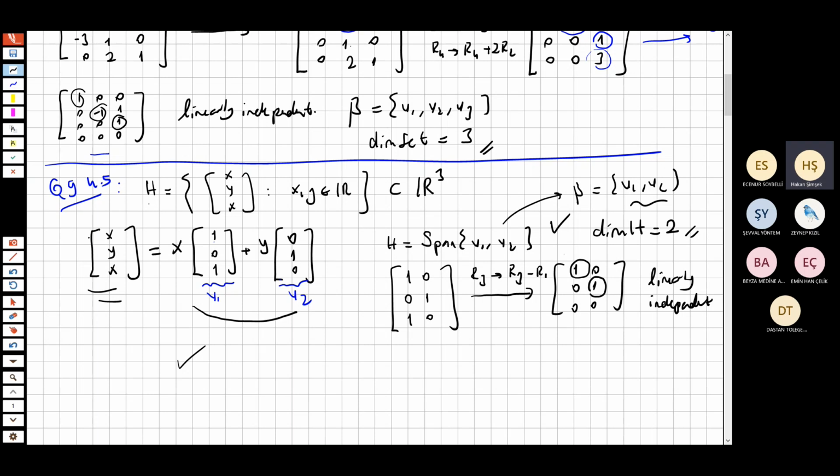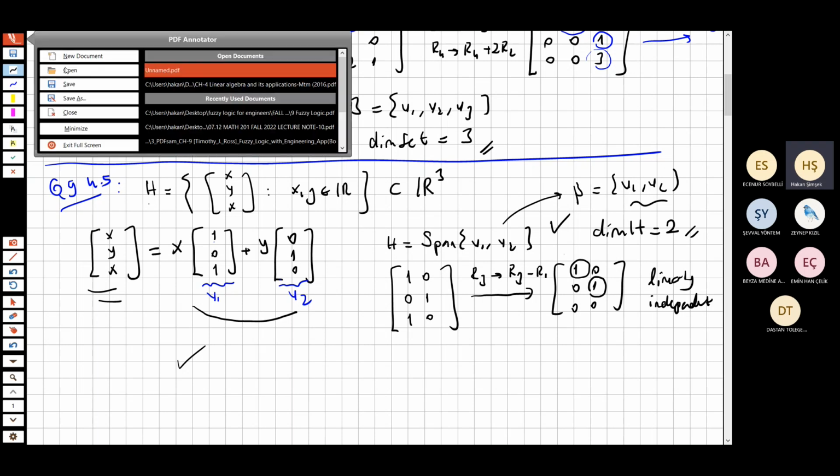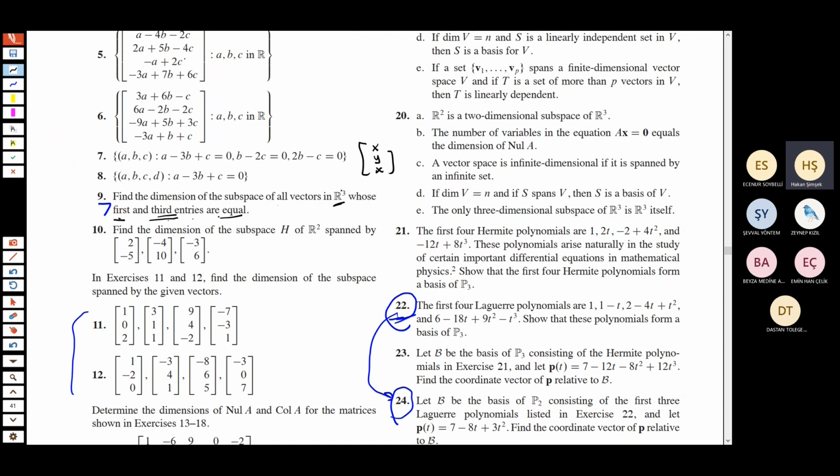Sometimes, maybe, or probably, in the final exam, you can see such a question. There is just a sentence in here, and you should see the first and third entries are equal. So you should think of the mathematical description of this sentence.